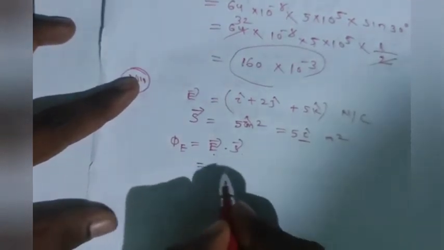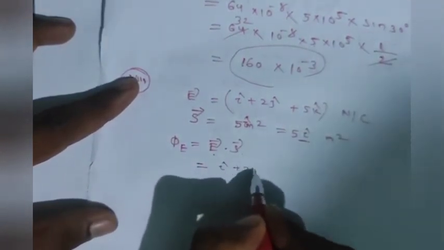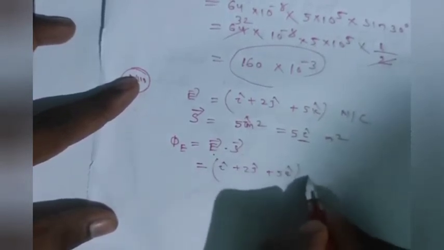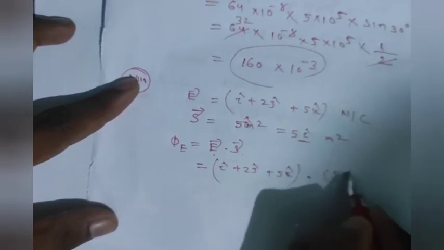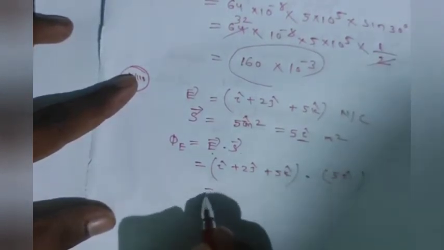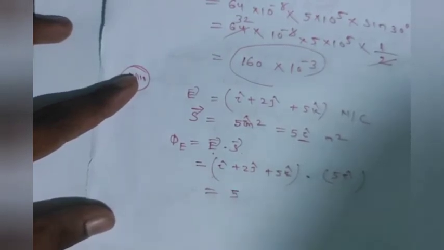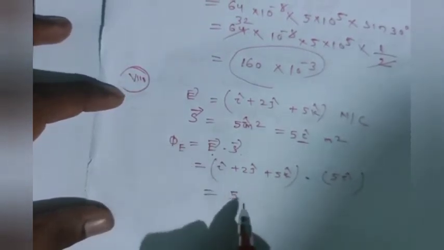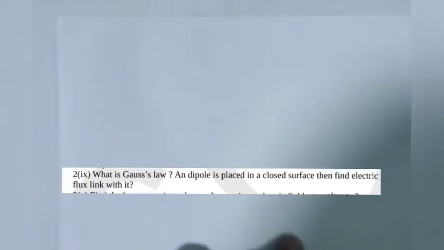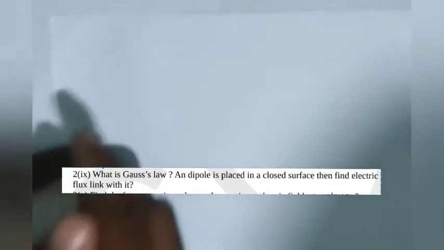So E is i cap plus 2j cap plus 5k cap, and surface area vector is 5 i cap. So we know the dot product will be 5. So the electric flux linked with the surface will be 5. Is it clear? Now I will come to the next question.